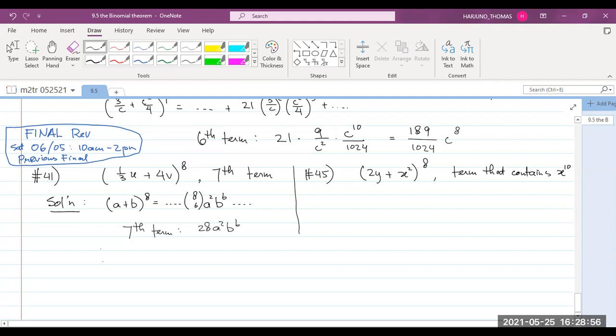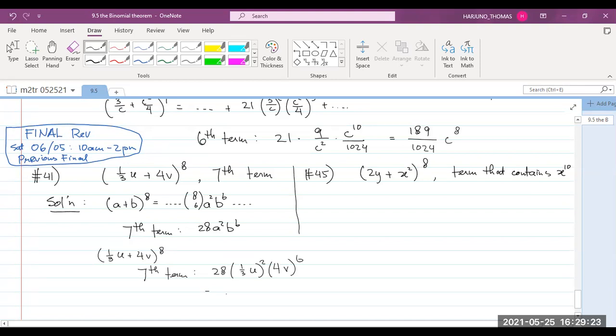Now then, if I get (1/3 u plus 4 phi) to the 8th, then the 7th term will be 28 (1/3 u) squared (4 phi) to the 6th.